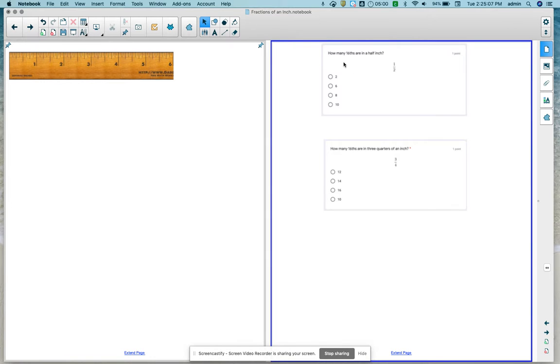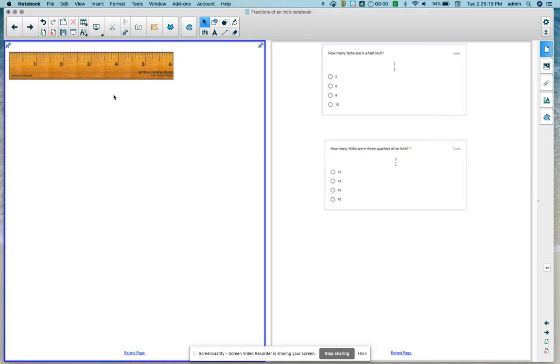Now, one of your questions said how many 16ths are in a half inch, and you had the fraction half here to help you. Now, if I take this ruler and I say, okay, I know there are 16 16ths in 1 inch. Half of that inch is here. I could count all the lines, or I could say to myself, well, 16 is the number I know is always in an inch.